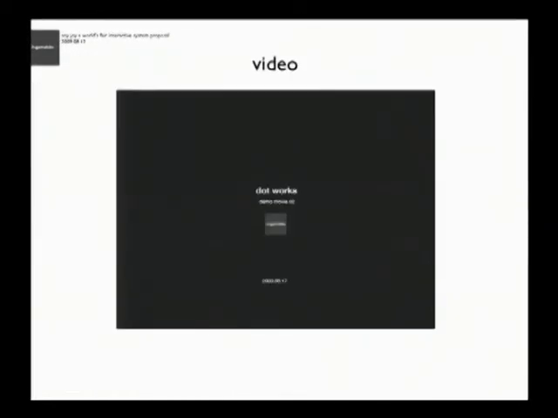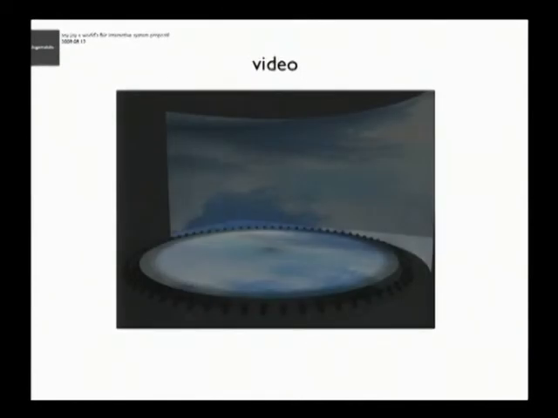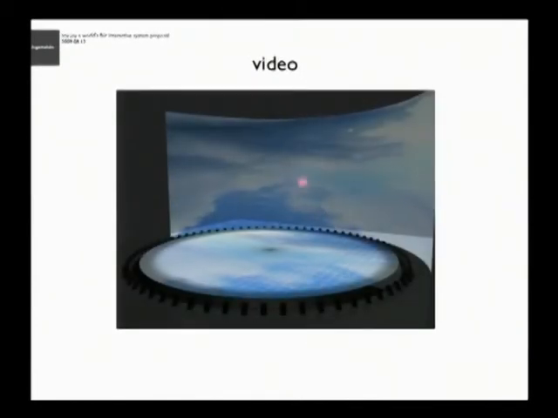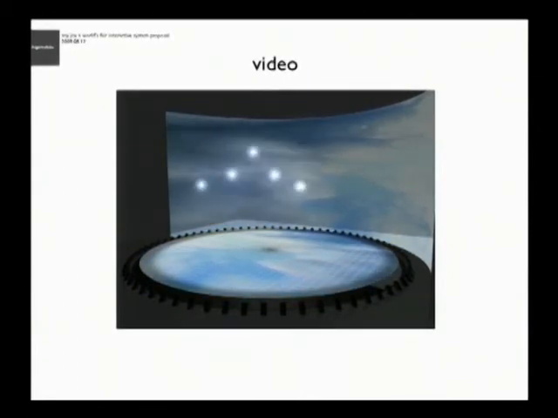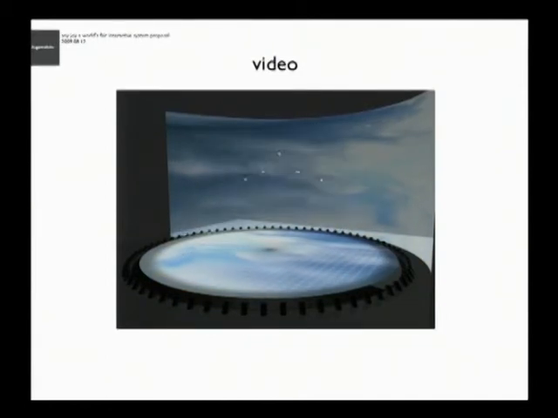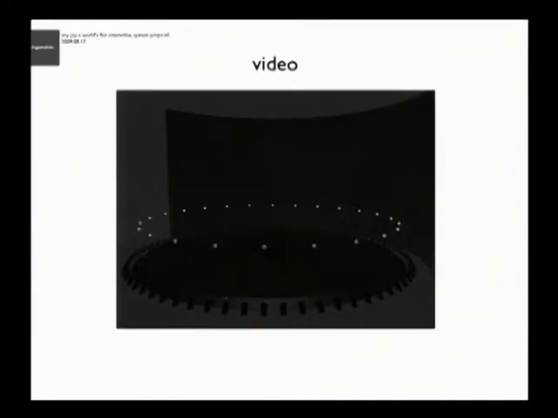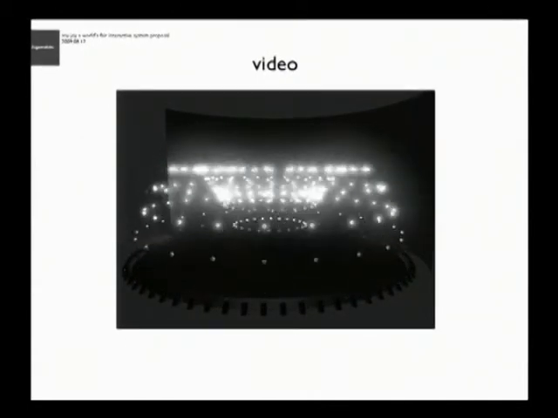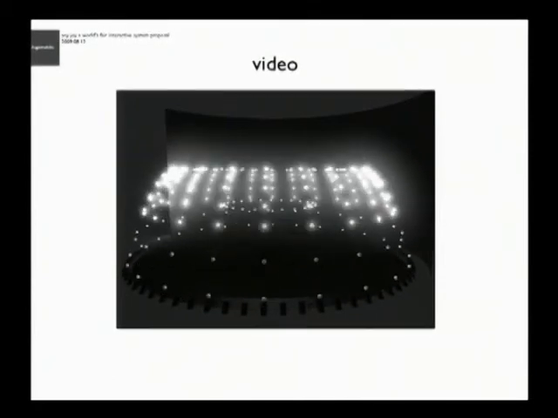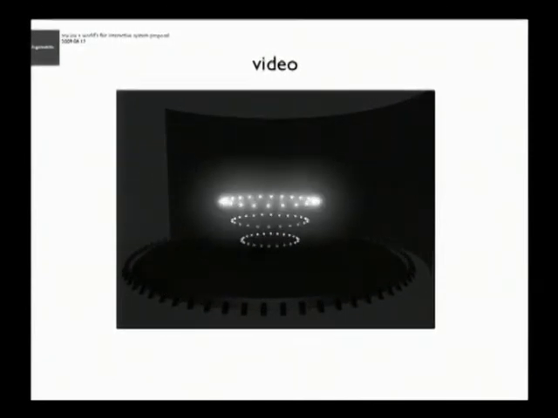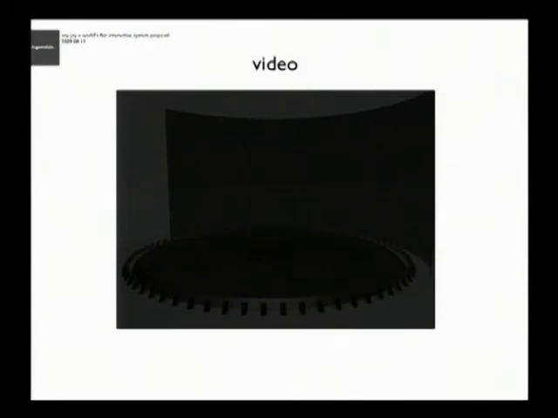So this is the image video. So first, our idea is not using rails, but making a throwing machine, like this image.